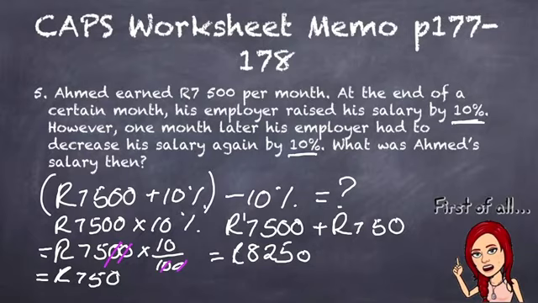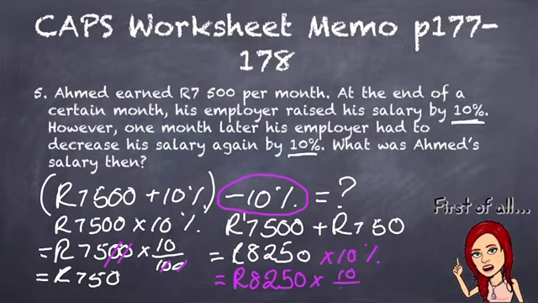Now I subtract the negative 10%. So I've got to work out 10% of this number. 10% of 8,250 is 825. Now we're going to work over this bit, so let's get a green.